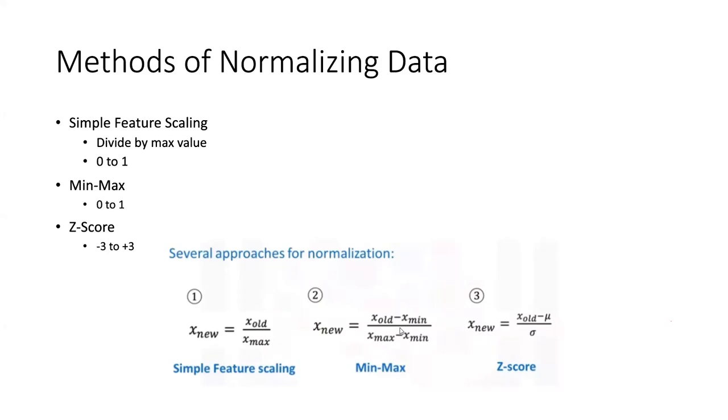If the data is very diverse, you cannot always take the maximum and do the process. As he said, if x minimum is always 0, then min-max scaling will become simple feature scaling. So if the minimum value is 0, then it's again the old value divided by the maximum value.